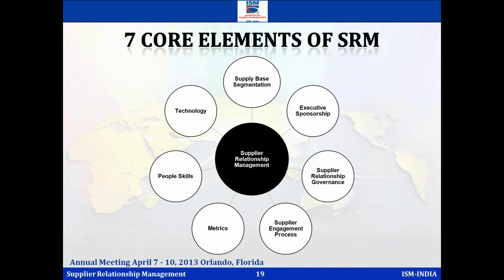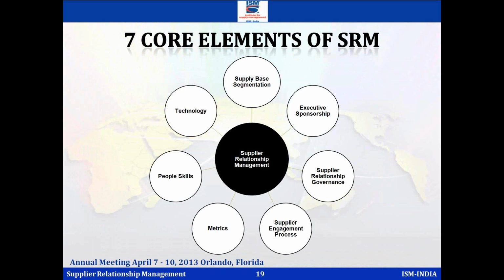So the first thing is to segment them. I have a big supply base. Who are my strategic suppliers? Who are my leverage suppliers? Who are my routine suppliers? And who are my bottleneck suppliers? Depending on my spend, my risk, and complexity, I will segment them. And then I will develop my relationship based on that.